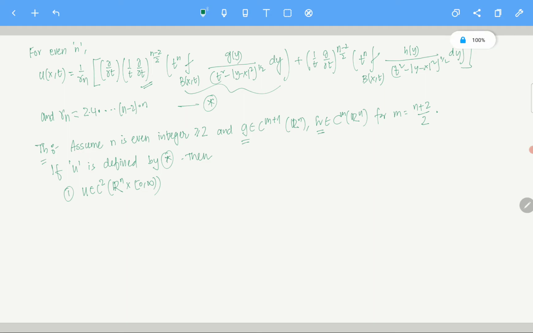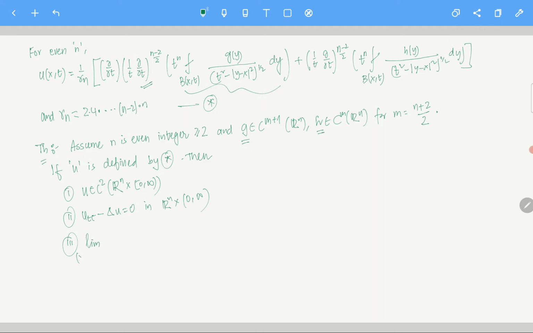Yes, so u is in C2, of course. And u_tt minus Laplacian of u equals 0 in R^n cross (0, infinity). Clear? And of course, how is the boundary condition satisfied? It is satisfied in terms of limit.